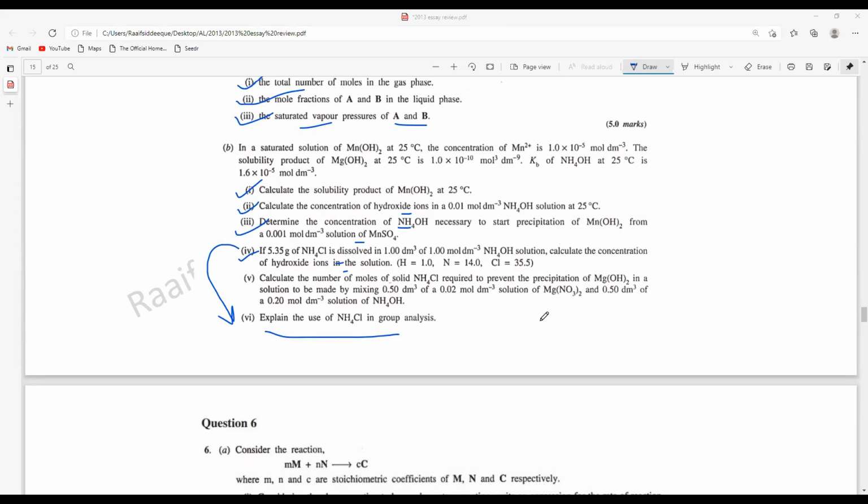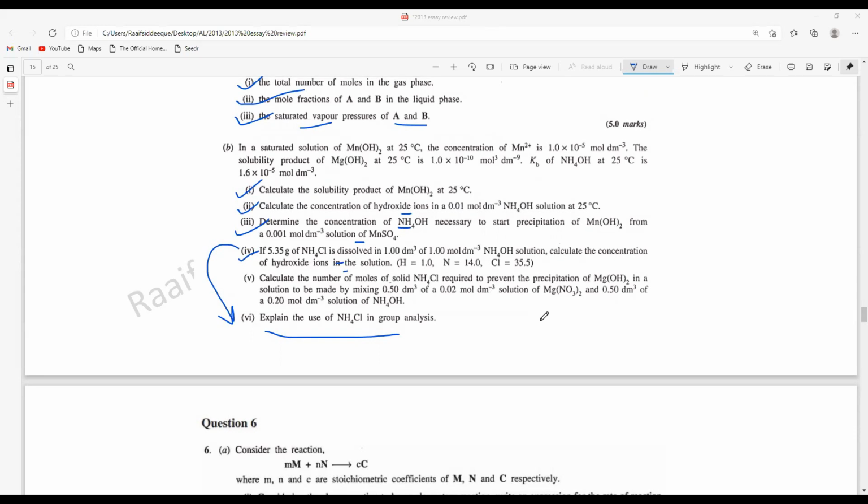Right, so now we have a solution. We need to calculate the amount of solid ammonium chloride needed to prevent the precipitation of magnesium hydroxide. This is what we discussed just now, before the group analysis. So we add ammonium chloride to prevent the precipitation of magnesium hydroxide.